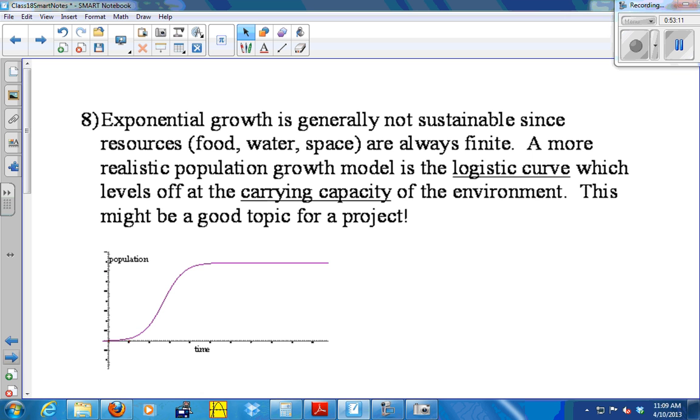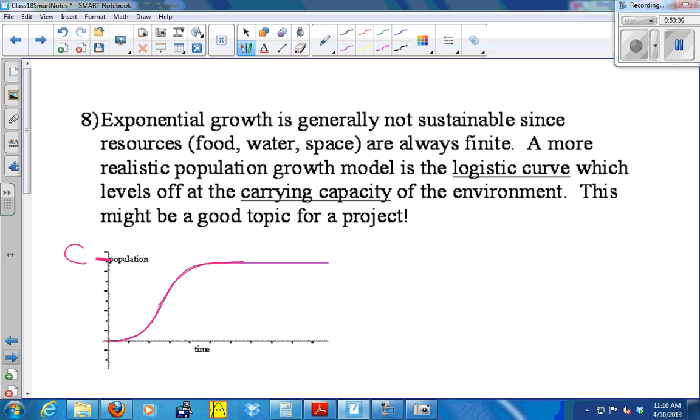So a more realistic population growth model would be the logistic curve. And it starts out looking exponential. It starts out growing very quickly. This is what an exponential curve looks like. And then it levels out at some value called the carrying capacity of the environment. So this height right here, we call C the carrying capacity.